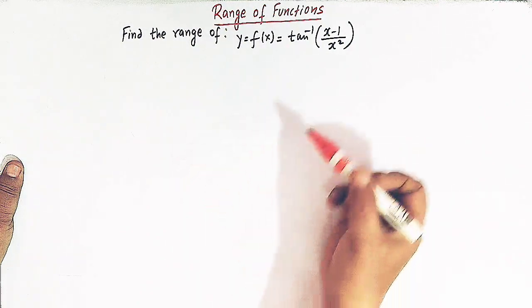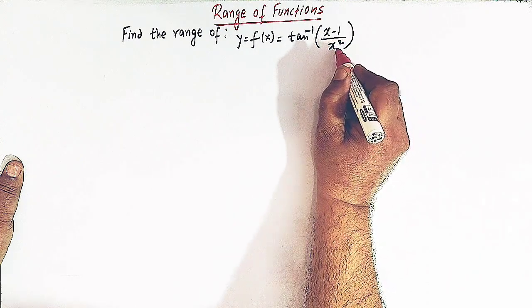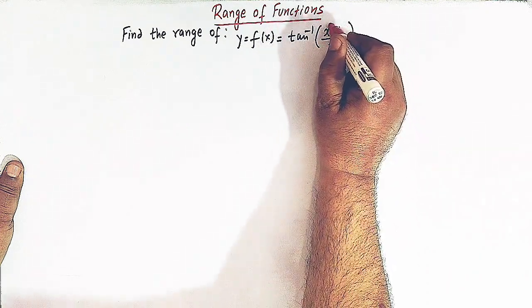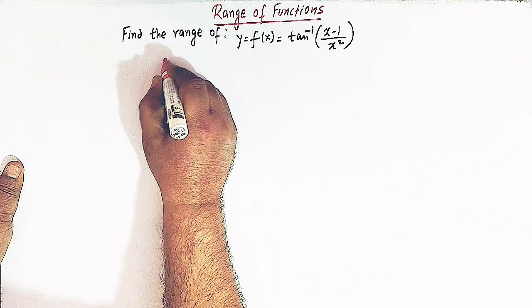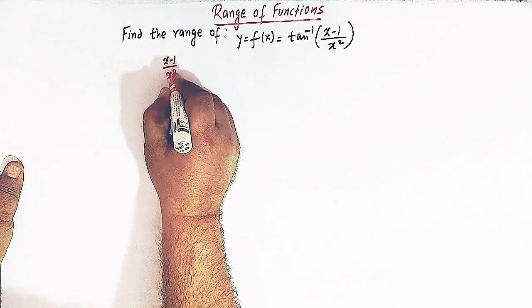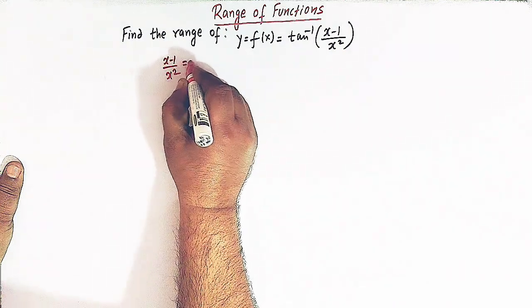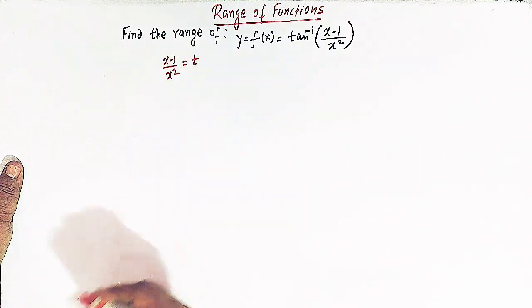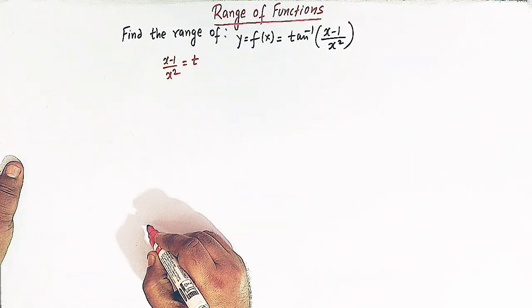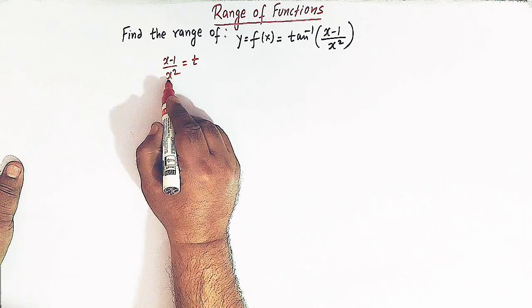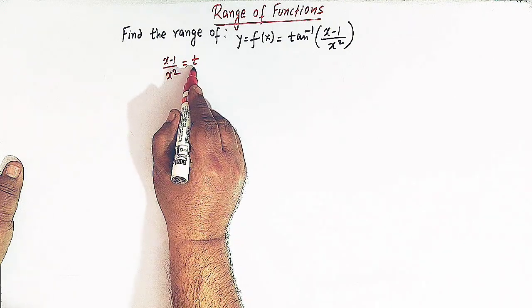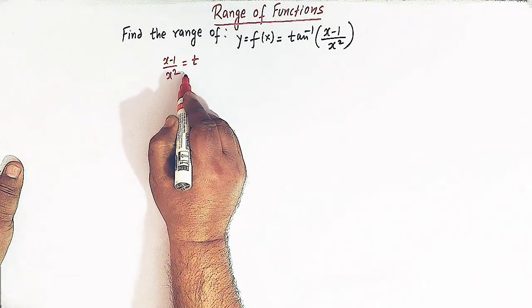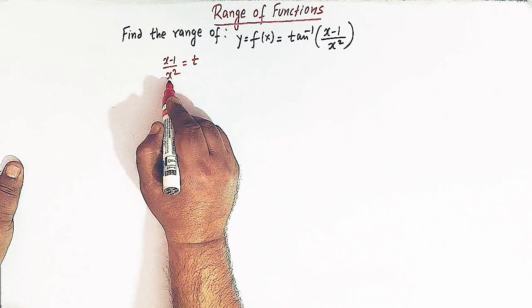To proceed further, we will take this quantity, (x minus 1) over x square, equal to t, where t is some new variable. So here we have (x minus 1) over x square is equal to t. Let us solve this equation for x.